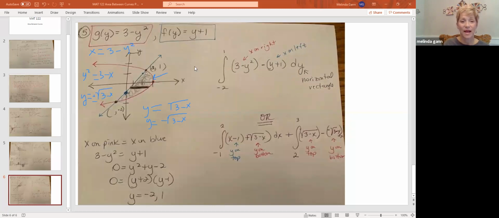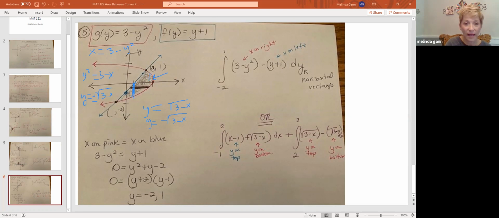Now, you may say, well, I'm just going to do them all vertical. No, you're not. Look at why. Do you understand that on this graph, if I drew it vertical right there, do you see that I would have blue on the top and pink on the bottom?